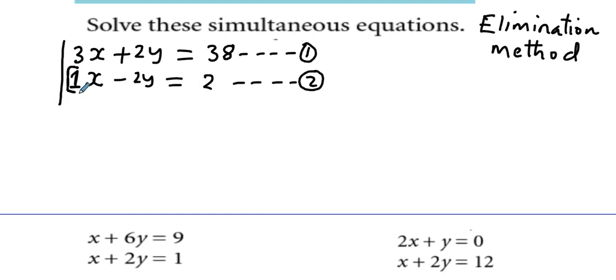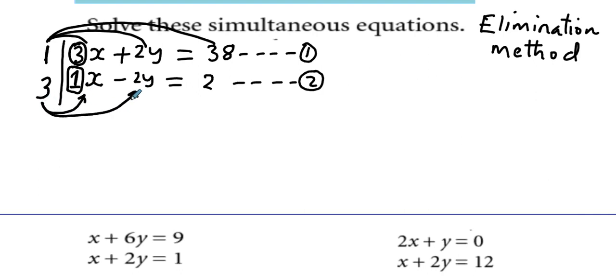This number here is multiplying equation number 1, and this number over here is going to multiply equation 2. So here we go, it will be 1 times 3x, 1 times 2y, 1 times 38. It will be 3 times 1x, 3 times negative 2y, and 3 times 2.